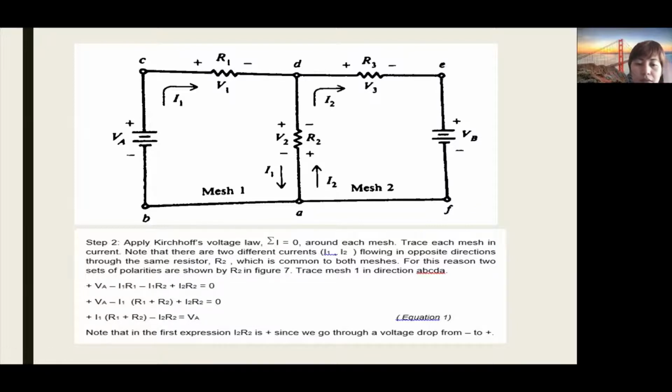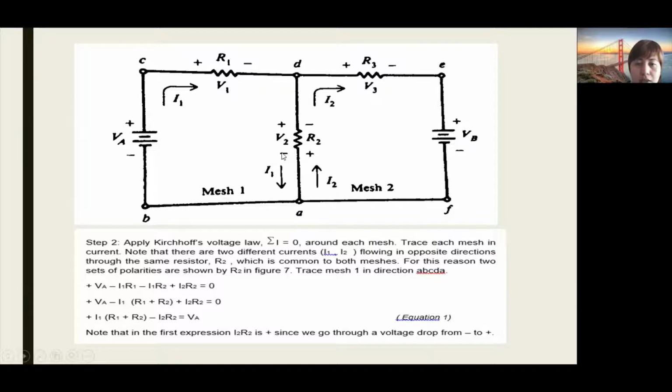So note that in the first expression, I2 and R2 is positive since we go through a voltage drop from negative to positive.